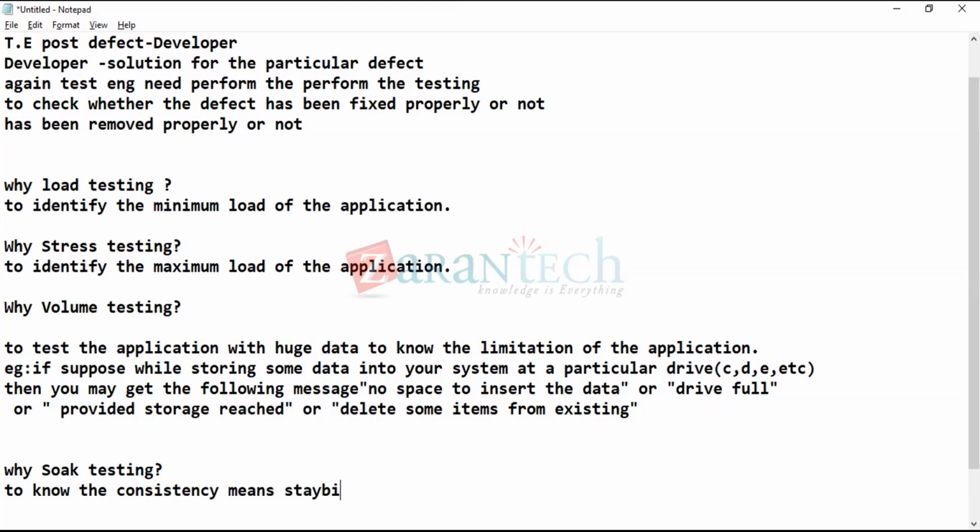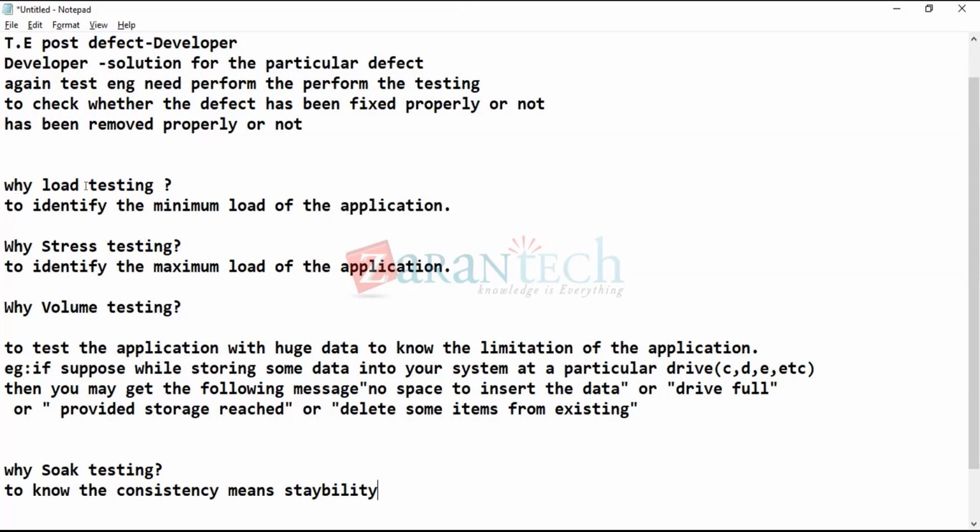Stability. Is stability very, very important or not for your application? This is very important. Yes.